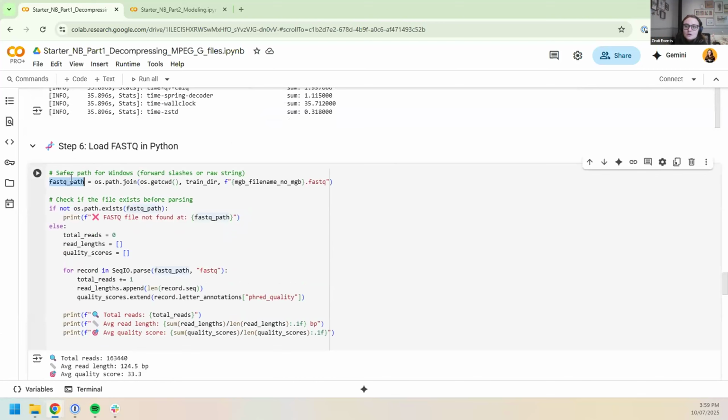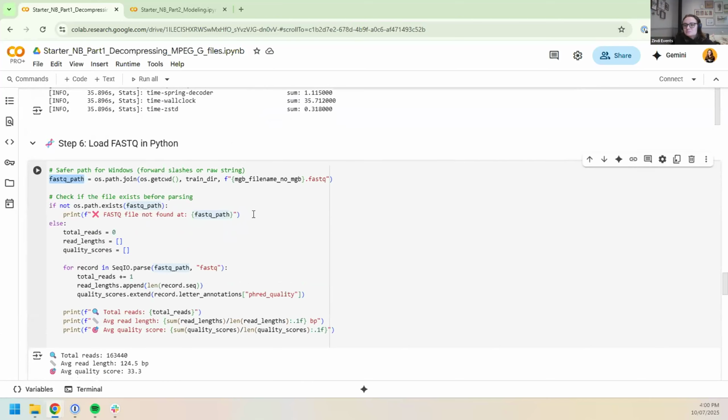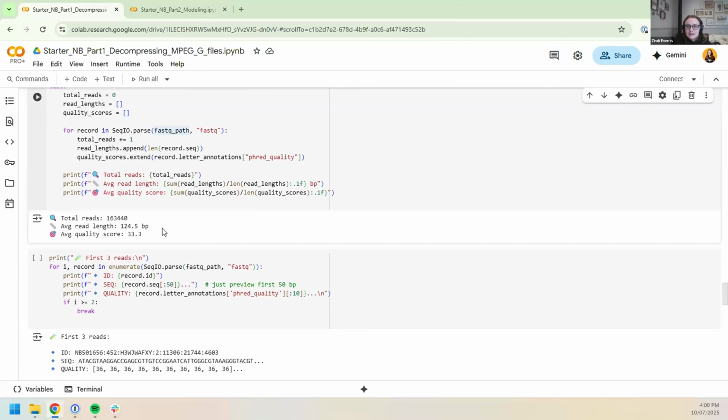We then get to see what does the FASTQ file actually look like. So remember, this is a FASTQ file unzipped or uncompressed. In this one FASTQ file, we have got 160,000 different reads or different rows of lines of information.